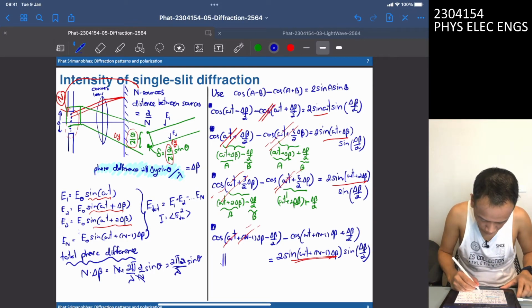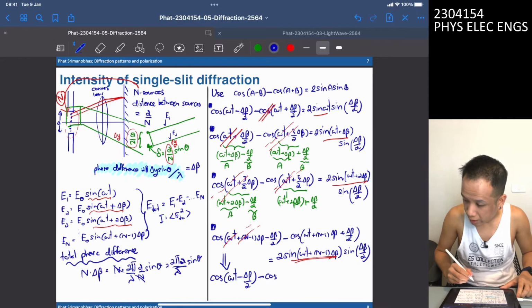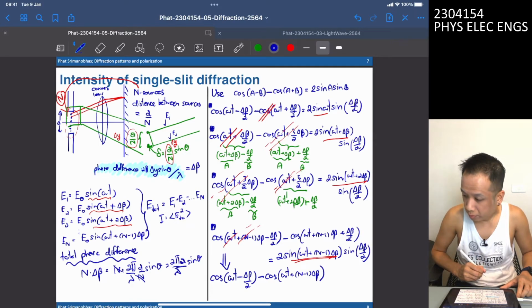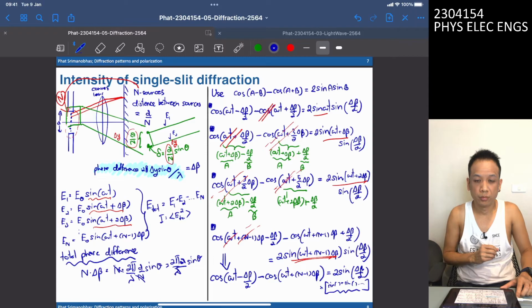So what you will get is cosine of omega t minus delta beta over 2, minus cosine of omega t plus n minus 1 delta beta, equal to 2 sine delta beta over 2 multiplied by the last term that we are trying to find, the sum of sines added together.